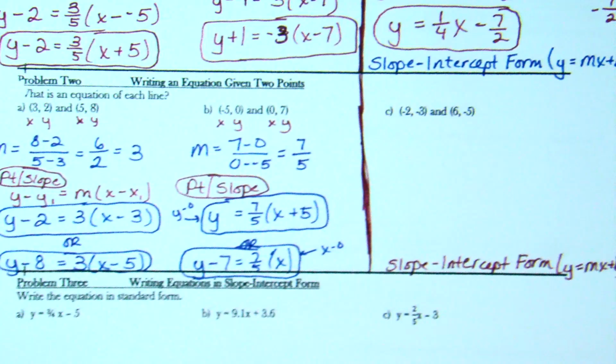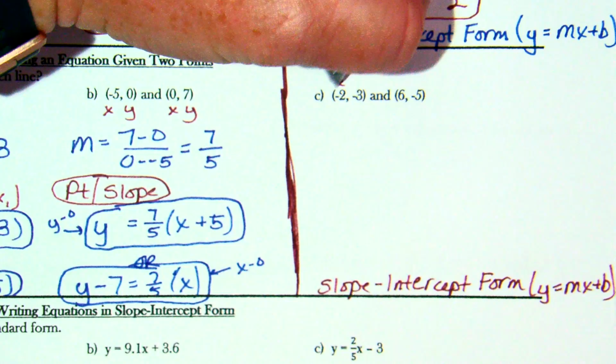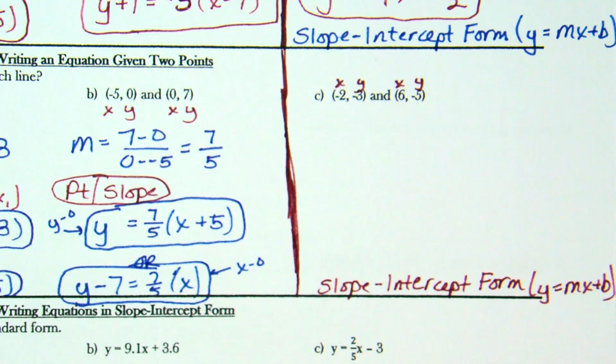No matter which form we're going to, what was your first step? Finding the slope, yes? So, remember in an ordered pair, it's always xy, xy. So if we find slope, y minus y, what did you guys put on top? -5 minus -3.